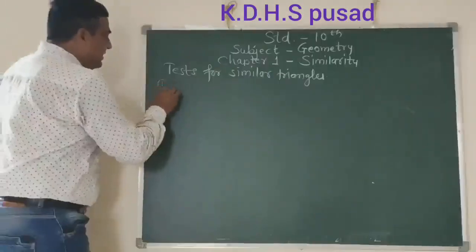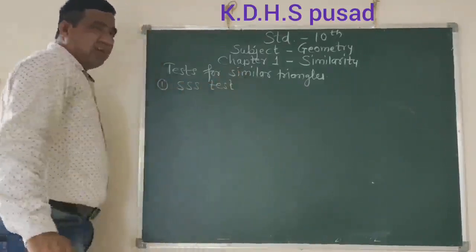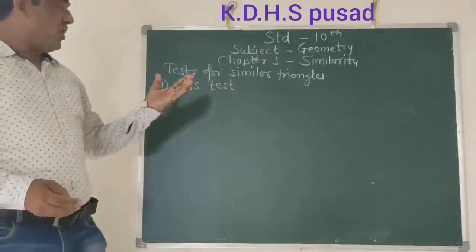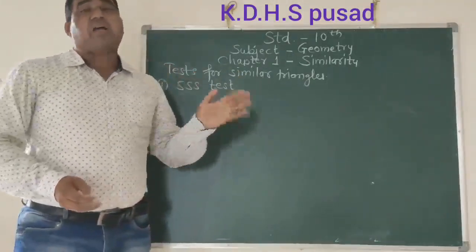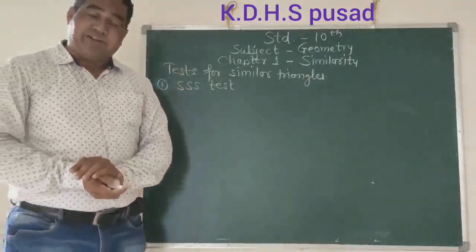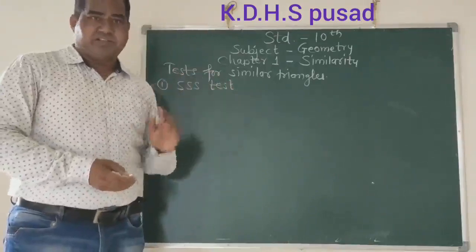So first thing, that is the SSS test. And what does this test say? When three sides of a triangle are in proportion with the corresponding three sides of another triangle, then the two triangles are similar by this test.